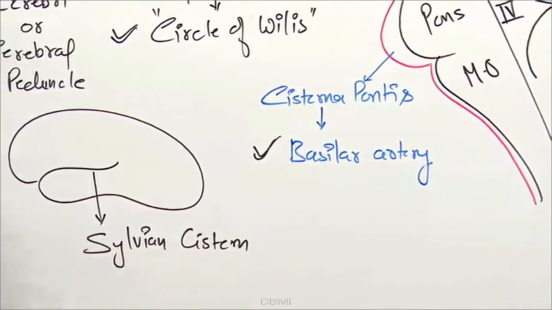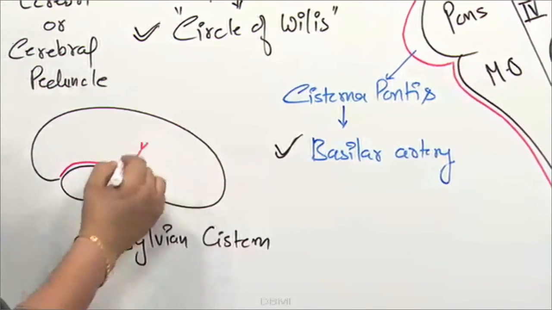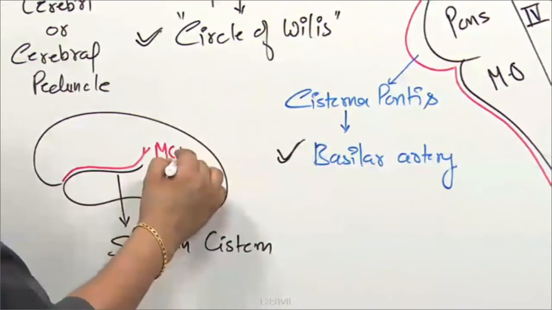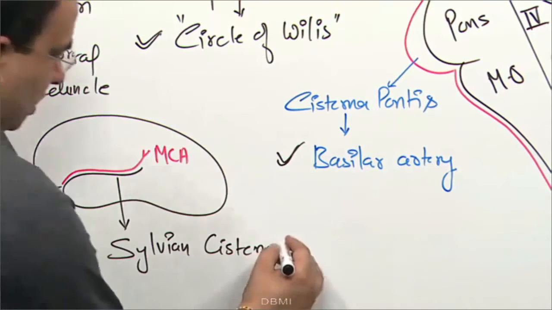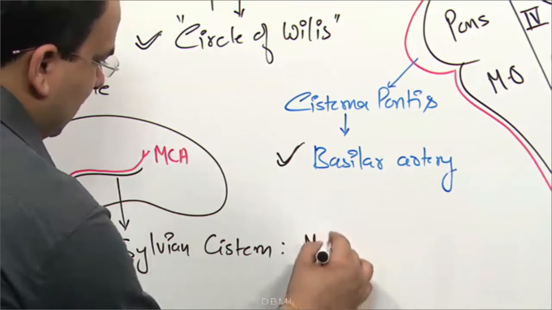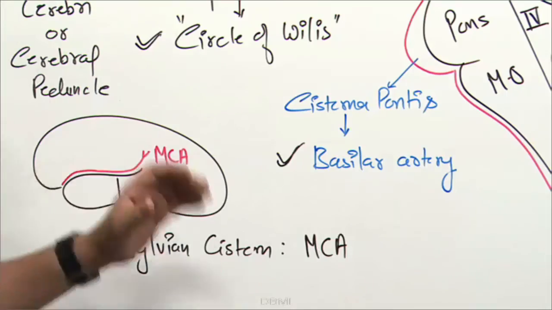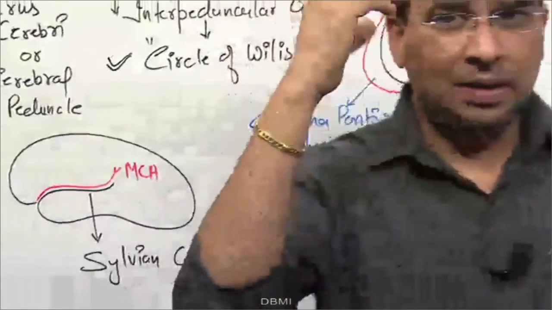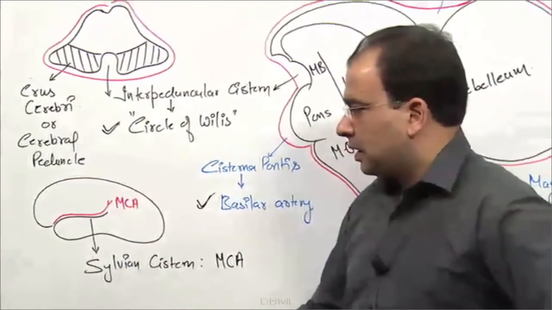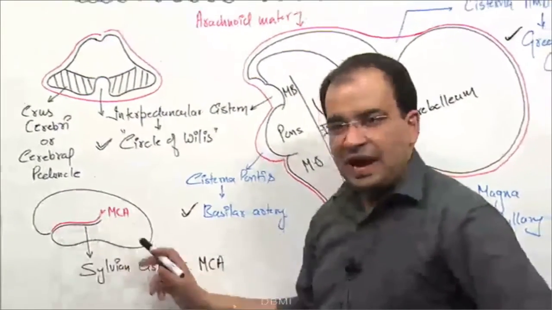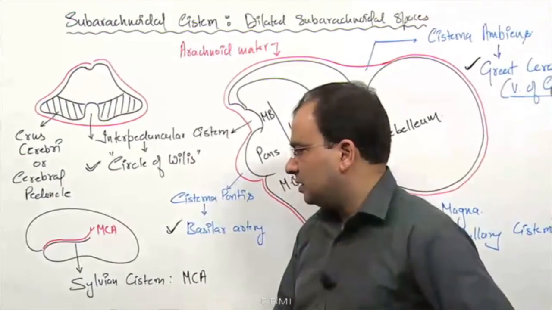What is there in the Sylvian cistern? The major artery which supplies the superior lateral surface of the brain, and that is the middle cerebral artery. So the content of Sylvian cistern is the middle cerebral artery. The cistern present along the superior lateral surface of the brain, running along with the posterior limb of the lateral sulcus, also called as the Sylvian sulcus, we call it Sylvian cistern.